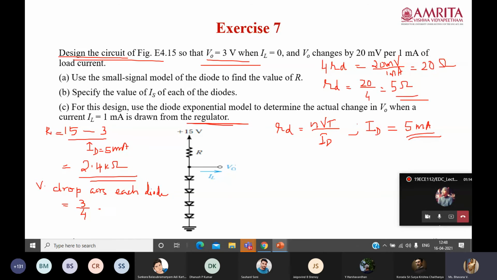How many diodes? 4 diodes. So it is equal to 0.75 volt.